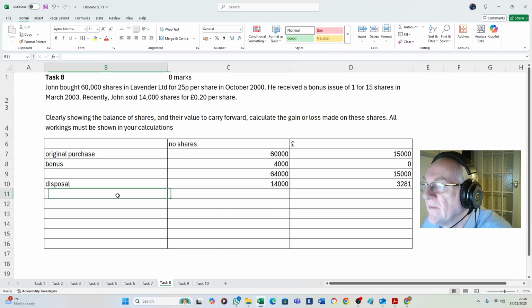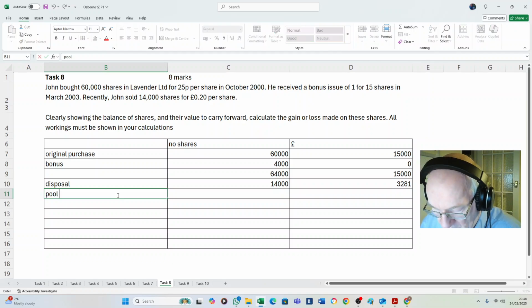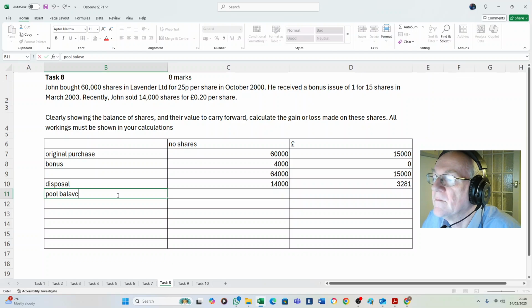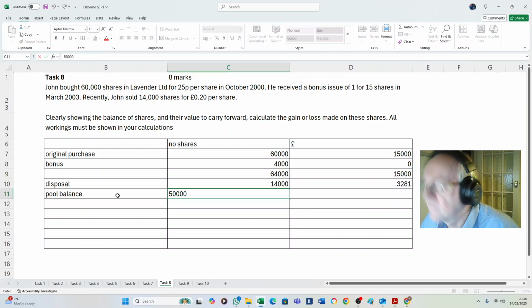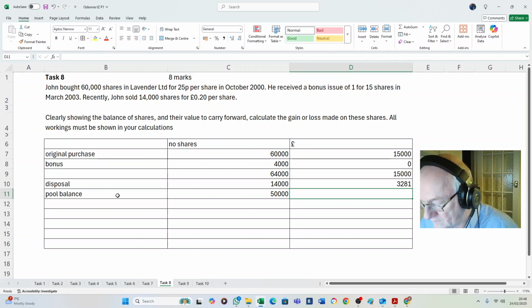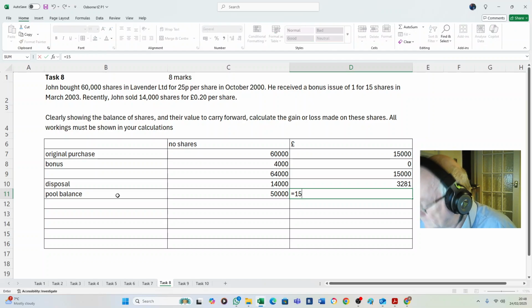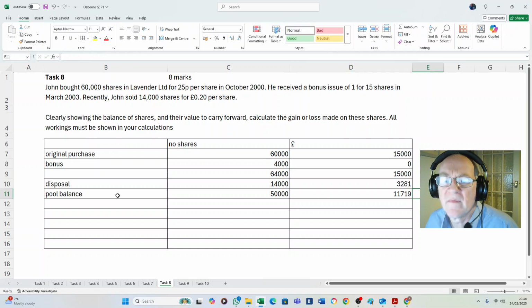So then we've got this is 50,000. Should really be writing these out in a little bit more detail, and that's what's left.